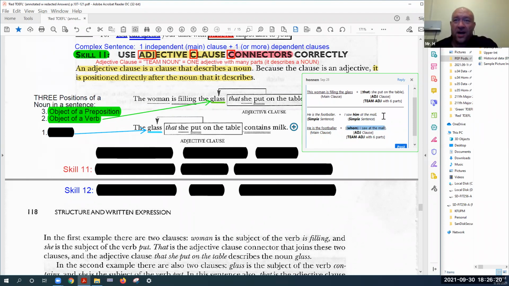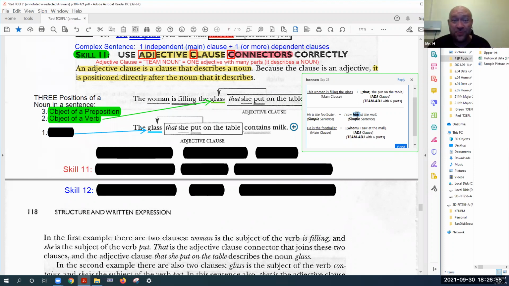Compare again, guys. Compare this example. Simple sentence: I saw him at the mall. What's the difference? We replaced the object. Him. What kind of pronoun is it, guys? It's an object pronoun. Why? Because it follows the verb.